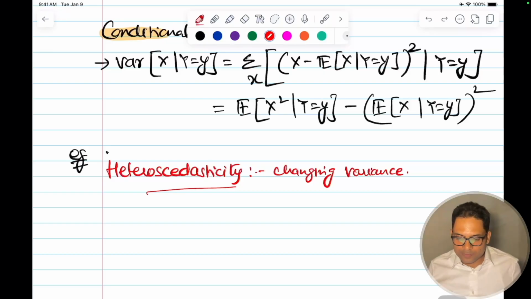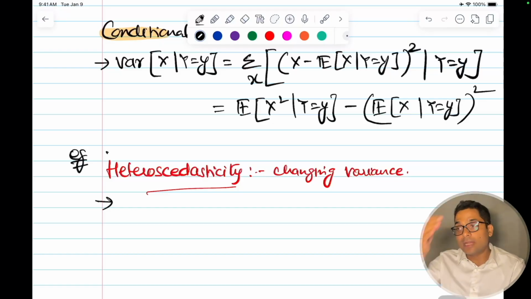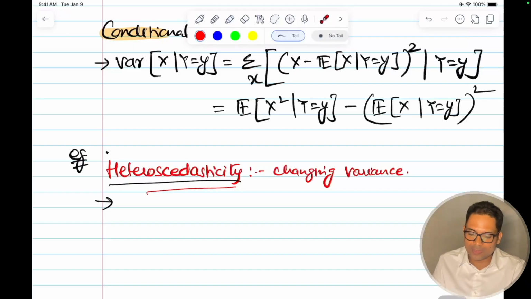Generally the models assume that the variance is constant. If the model captures this heteroscedasticity, which is very difficult for me to pronounce, that will give me more accurate results, because it is capturing some more change in my input data.